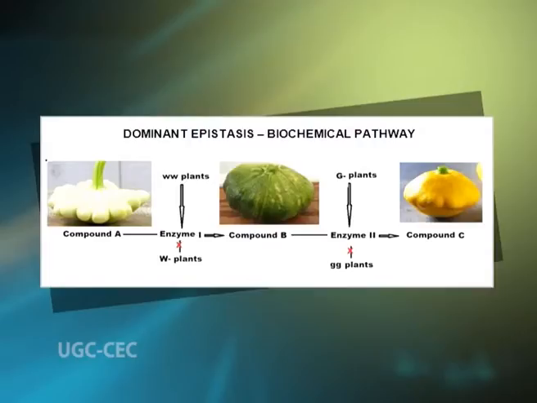If the compound B has to get converted to compound C, the enzyme 2 has to play a role, and for the production of this, the plant should have a genotype capital G. If the genetic composition is small g, the enzyme 2 will not be produced. As a result, the compound C will not be synthesized from compound B.